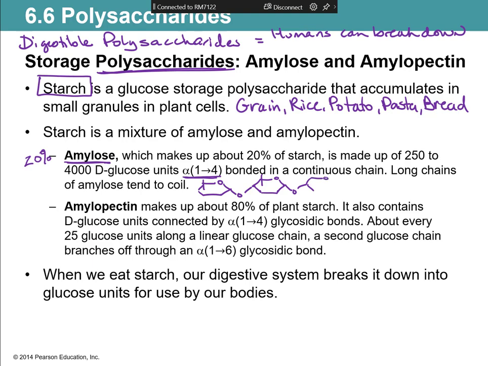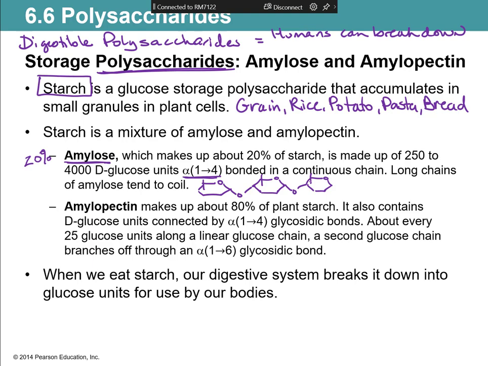A little hexagon with the oxygen in the upper right corner. That's 3. I'd have to do 250 to 4,000 of those. Every single one connected by an alpha 1 to 4 linkage. So huge in comparison to glucose, in comparison to sucrose. These are really large molecules.